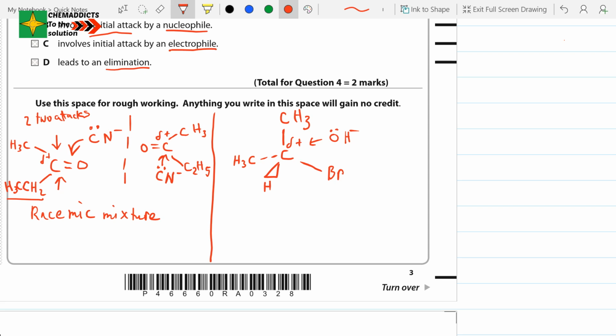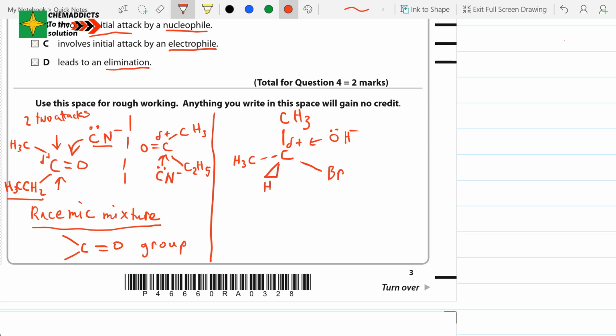A reaction which forms two different enantiomers gives a racemic mixture. Okay, so here we get a racemic mixture, since this CO group is trigonal planar and can be attacked by this NC minus nucleophile from either of the two sides, either from above or below this carbon atom.